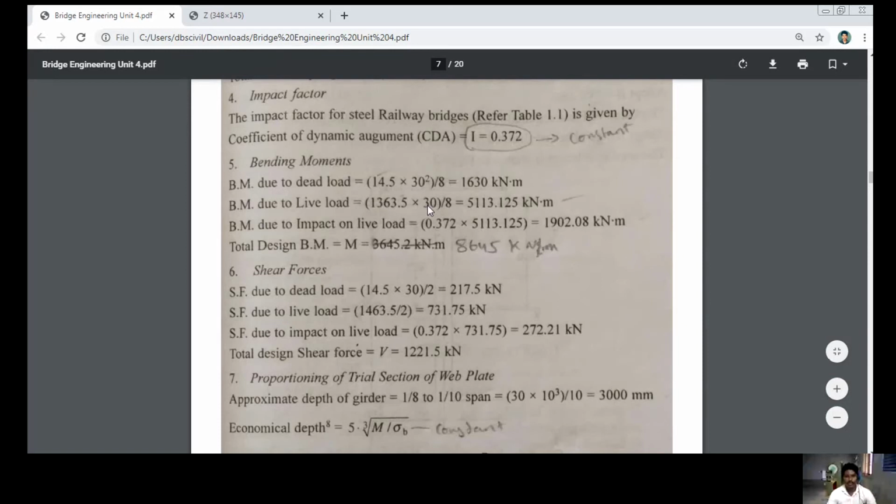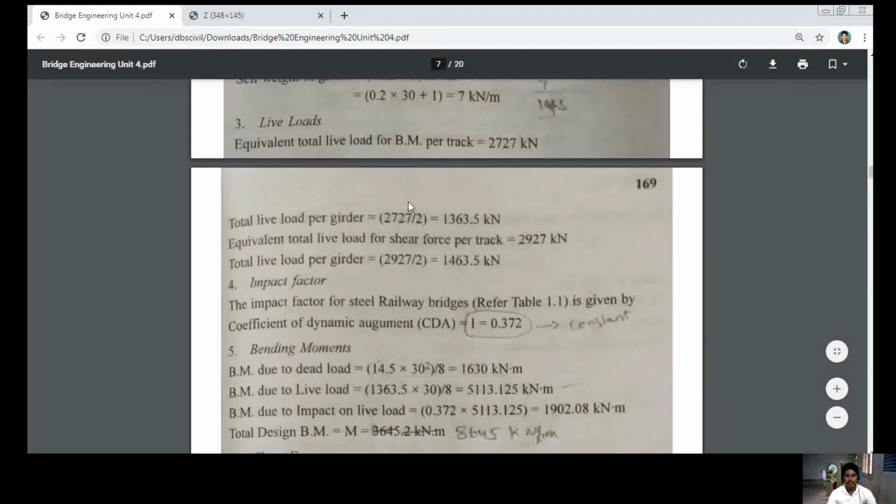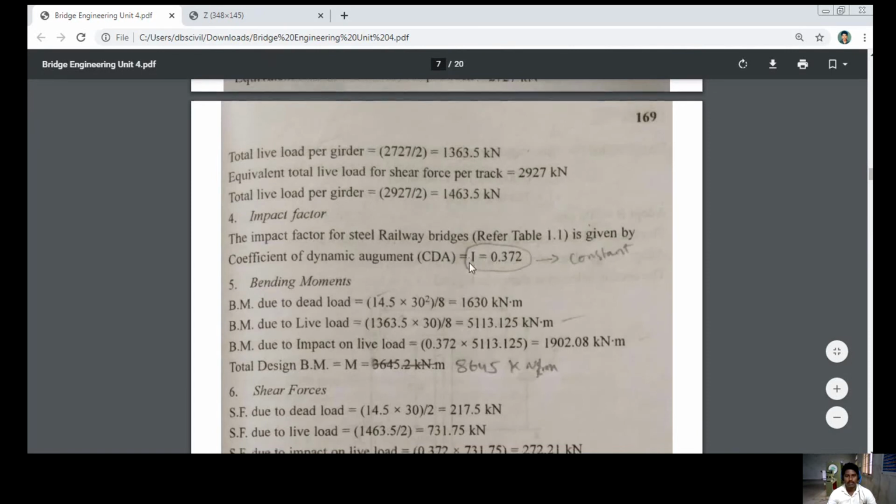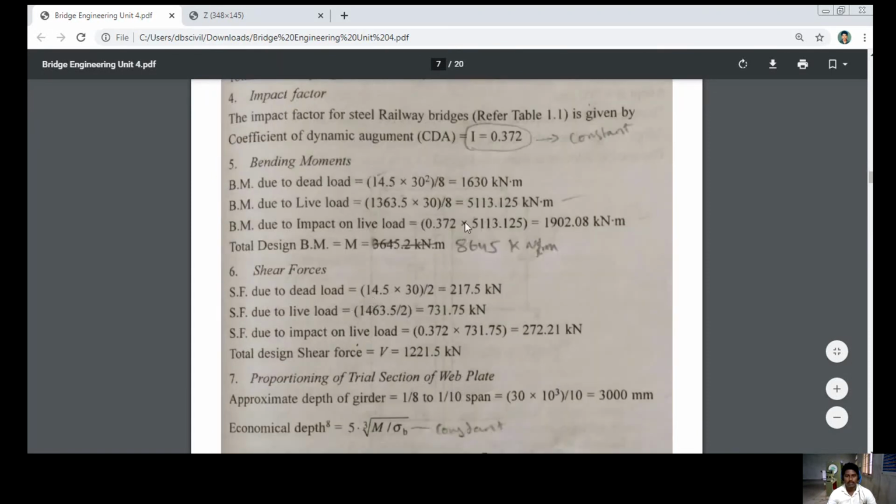Bending moment due to impact on live load: I hope you all remember this impact factor. Impact factor for live load is 0.372 into the live load, 5113.125, and we get the bending moment due to impact on live load.